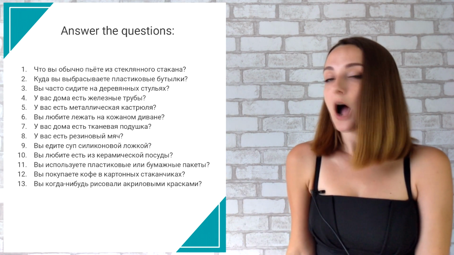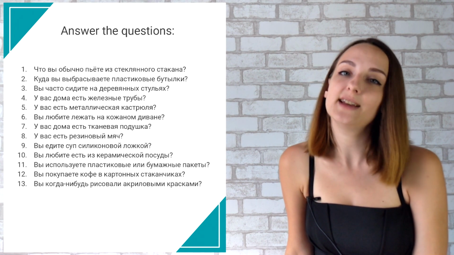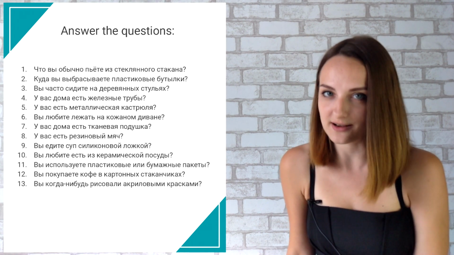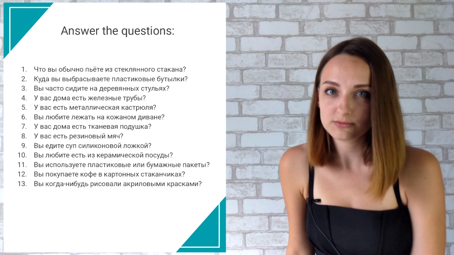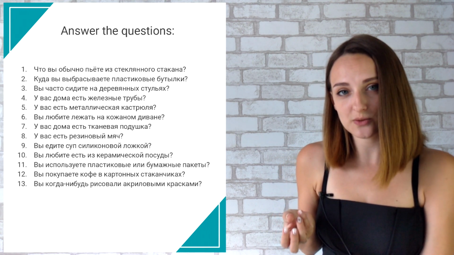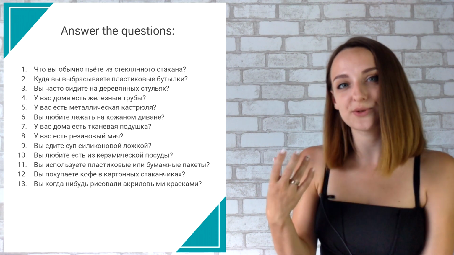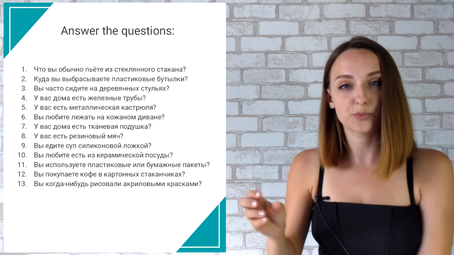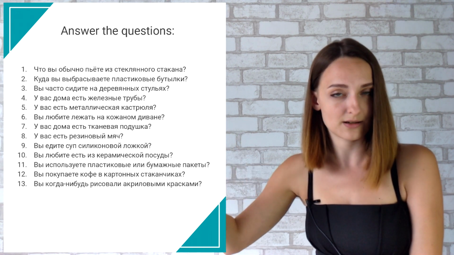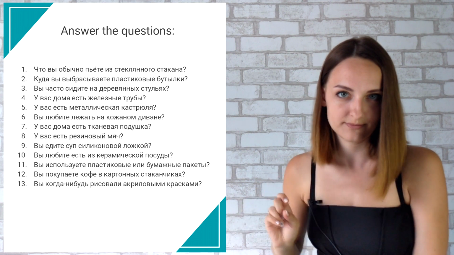For example, обычно я пью из стеклянного стакана сок. Да? So it is very easy to answer these questions because they already have the correct form which you need to use in your answer. Что вы пьете из стеклянного стакана? Из стеклянного стакана я пью сок.